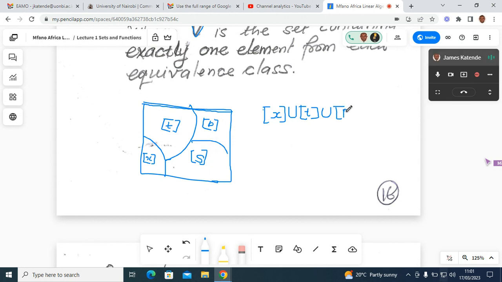The next one was the equivalence class of some element P and the equivalence class of some other element S. So the union of all these should recover the whole of X. So that means you can write X as a union of all this. In this case, we have written it as a disjoint union.